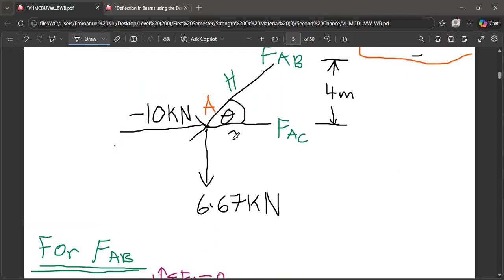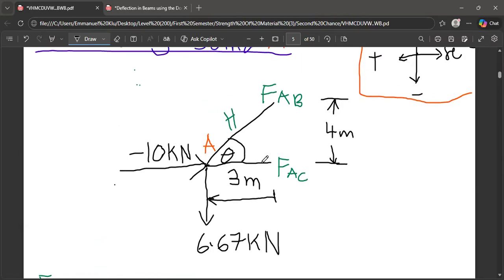Now we know that this is 3 meters. Yes, from here to here is 3 meters. Let me calibrate it. So from here to here is 3 meters. We know here to be 3 meters. We know here to be, but we don't know here.